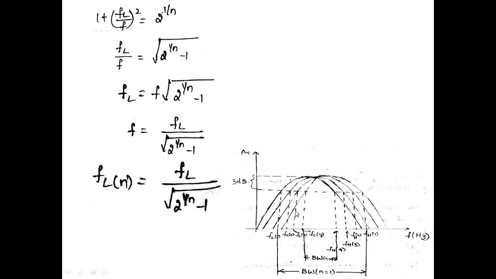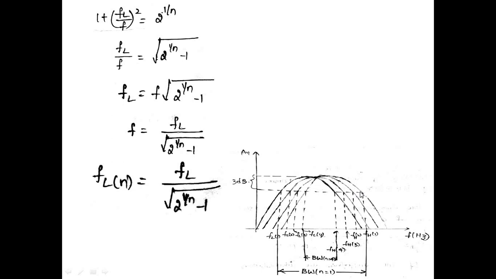This is the bandwidth for stage 1, this is stage 2, stage 3, stage 4. This is for a single stage, and this is the bandwidth.